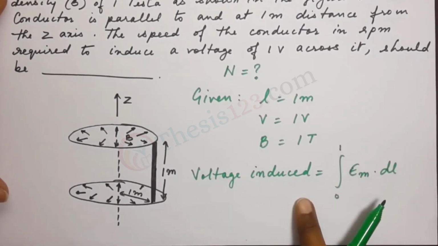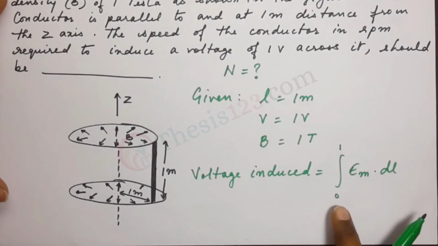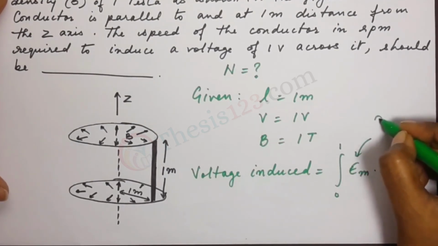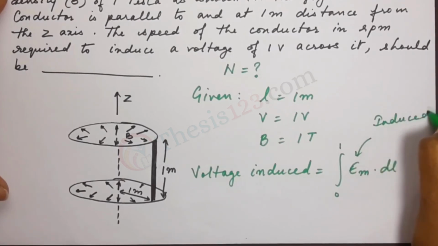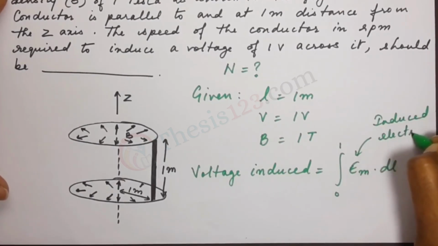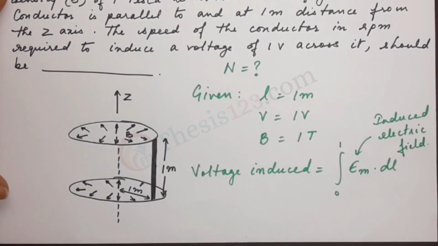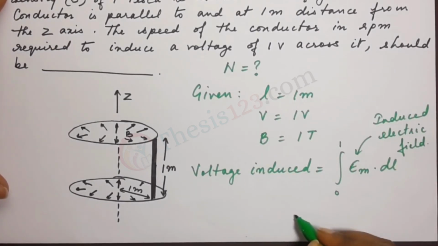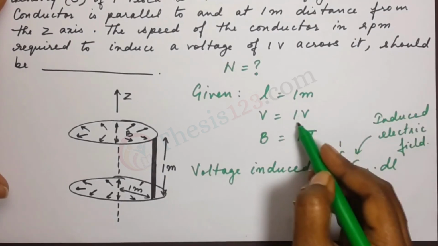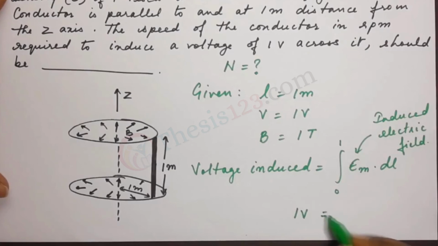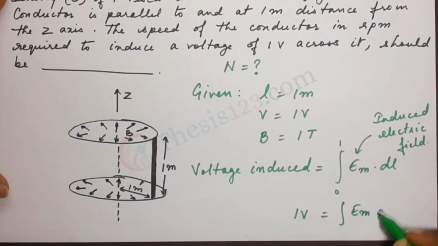So the voltage induced is equal to the integral of the induced electric field, EM. Now the voltage induced is 1 volt, that's what we have already. So 1 volt is equal to integral of EM dl.